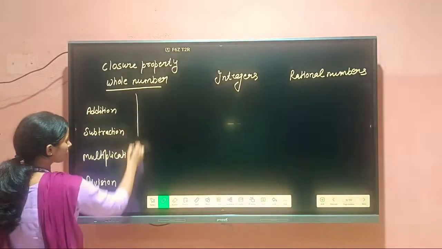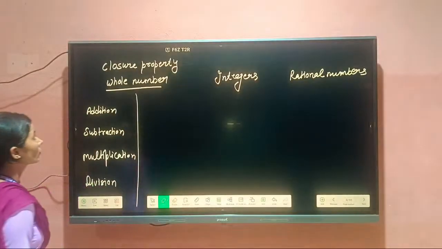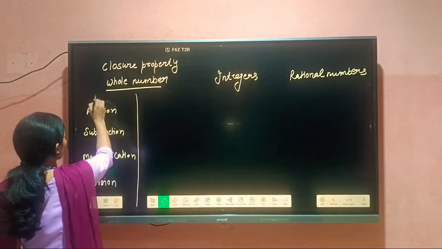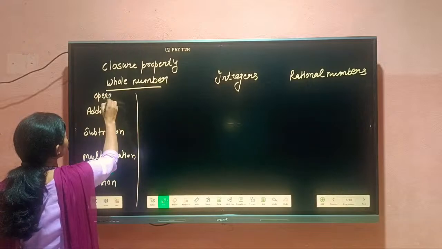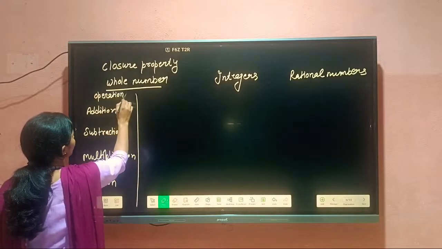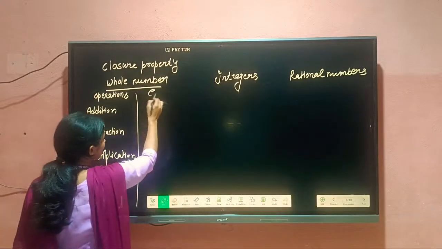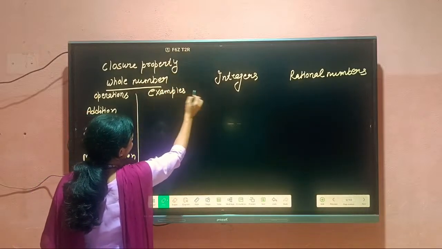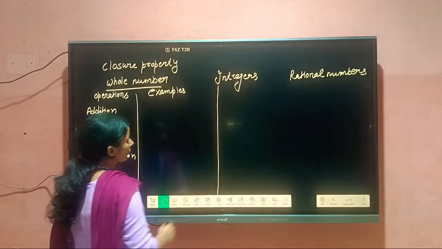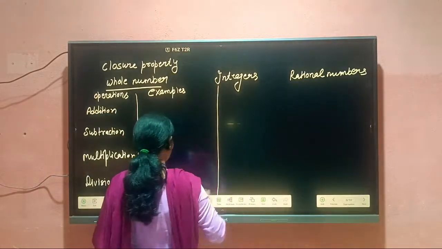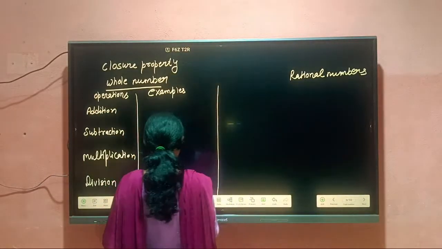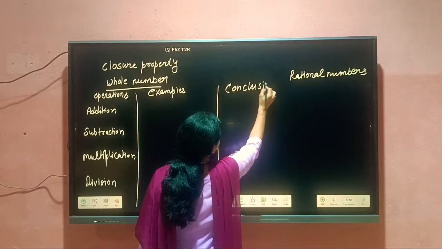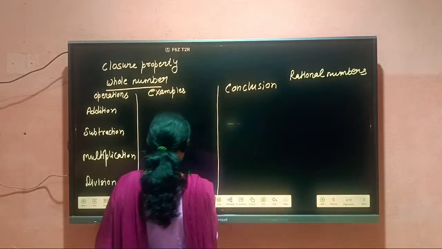Under these four fundamental operations, we are going to discuss closure property for whole numbers. Okay, these are operations. Now their examples we will discuss, and then what we conclude from this, that should be written there as conclusion.